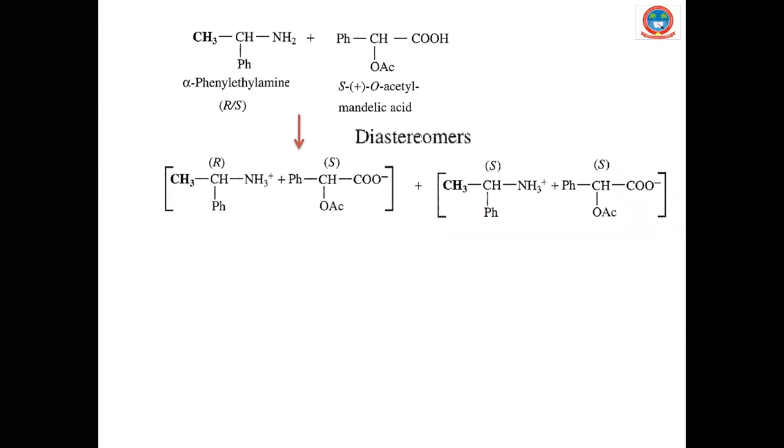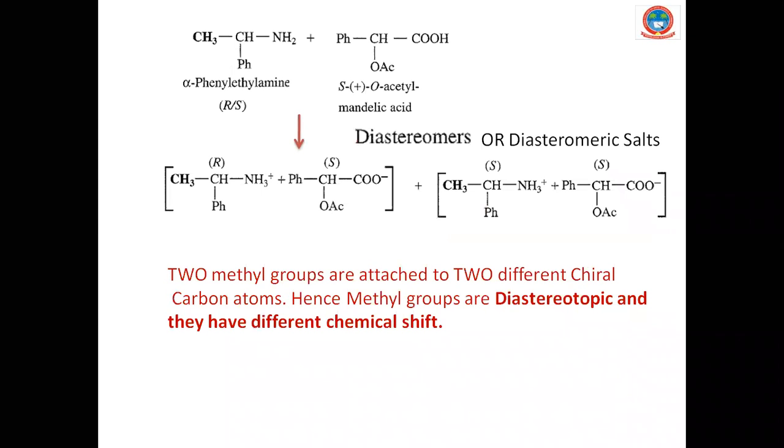Fine. Now these two methyl groups we are considering, you can consider phenyl also, no problem. They are attached to two different carbons, because when the two compounds become diastereomers, every atom position also becomes diastereomeric. So this carbon is also not the same.